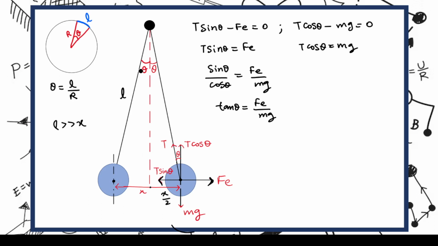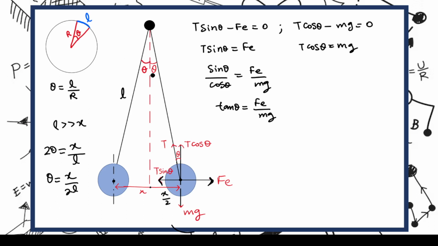Since L is much bigger than x, this x will approximate a straight line. And there's a relation between theta and arc length on the circle. You can see here in the diagram, theta making some arc, is given as theta equal to arc length over radius of the circle. In this case, the angle here is 2 theta. 2 theta will be arc length, that is x, over radius, which is L, or we can say theta is equal to x over 2L.